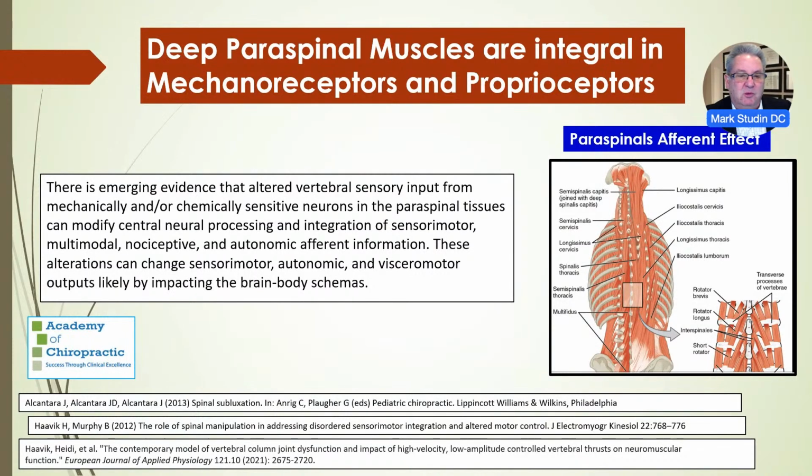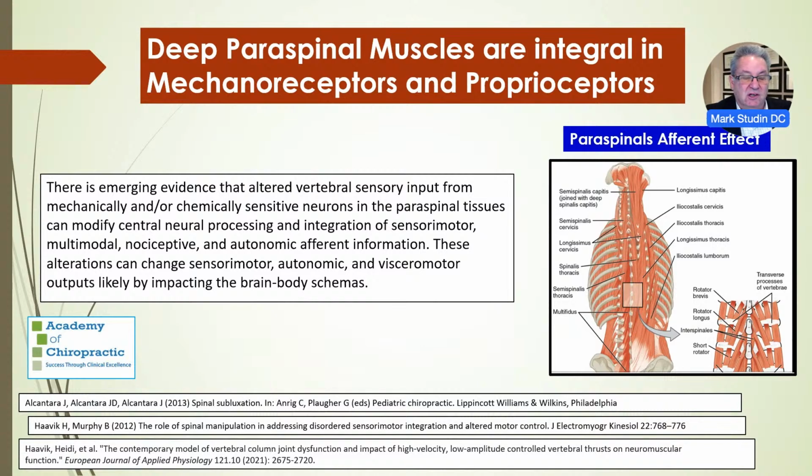So what we're doing is there is emerging evidence, and we're looking at the deep paraspinal muscles. There is emerging evidence that altered vertebral sensory input from mechanically or chemically sensitive neurons in the paraspinal tissue can modify central neural processing and integration of sensory motor, multimodal, nociceptive, and autonomic afferent information.